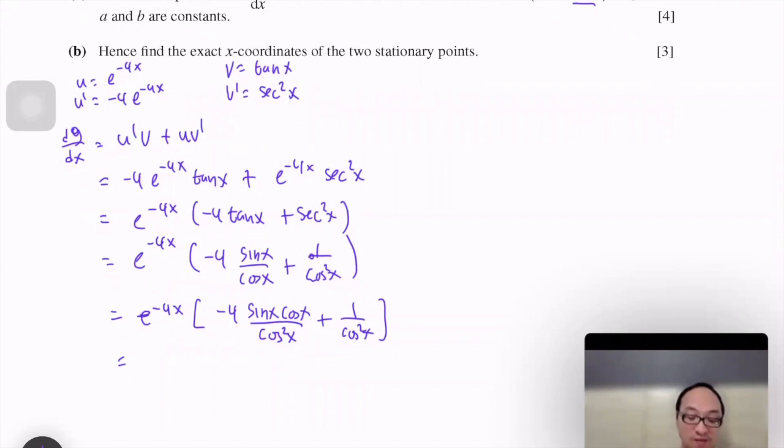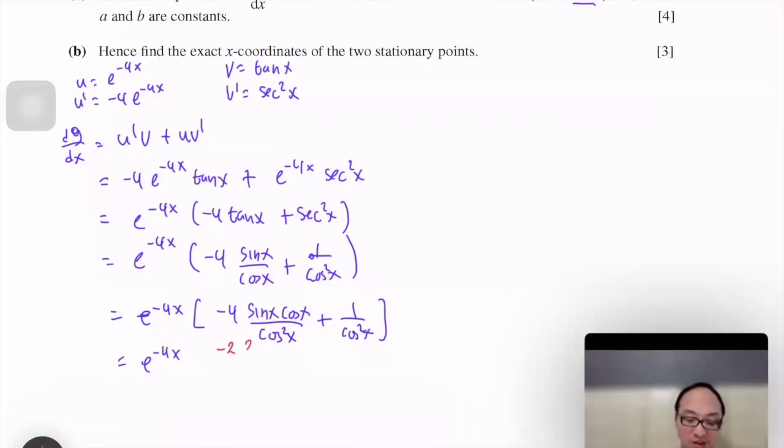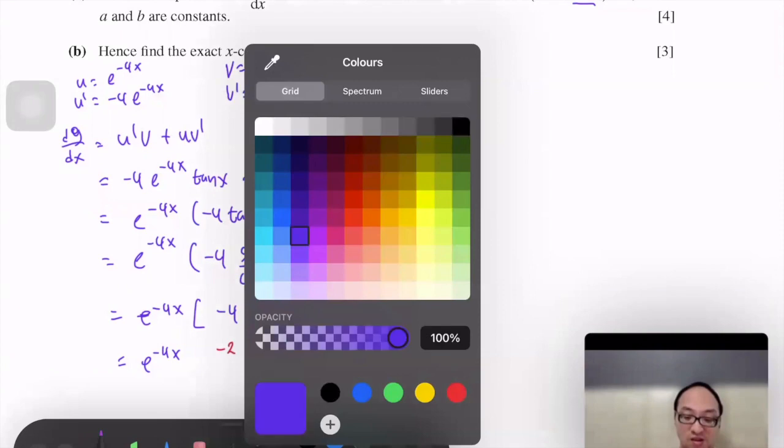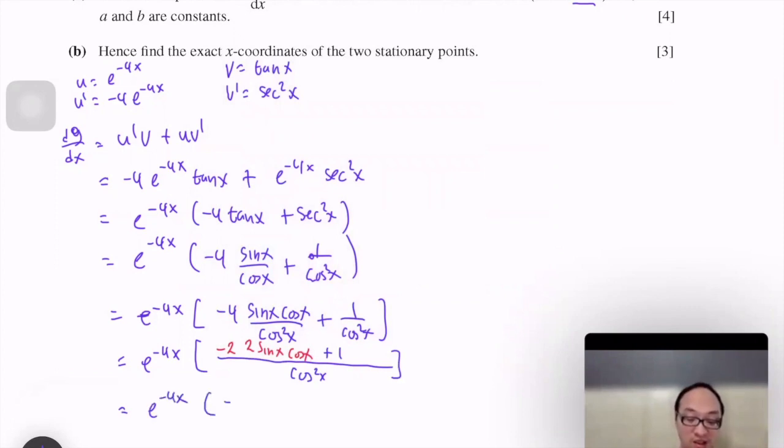Now we can see that this can be written in the form of -2 times 2 sine x cos x per cos square x, plus 1, all times e^-4x. So that is -2 sine 2x plus 1, and then 1 over cos square becomes secant square x.